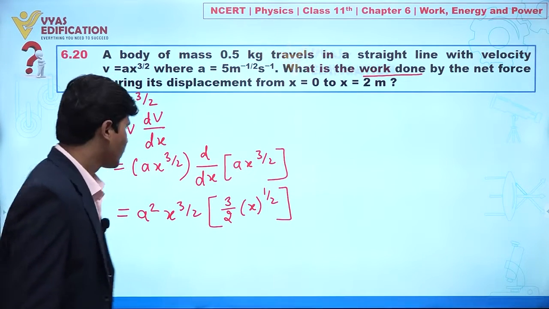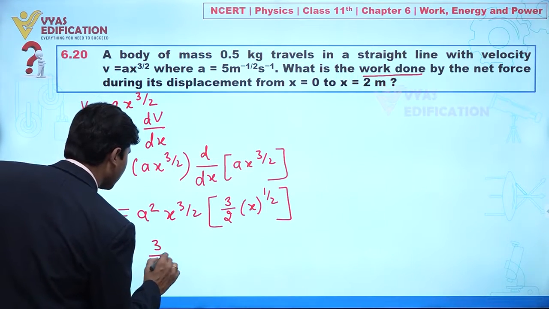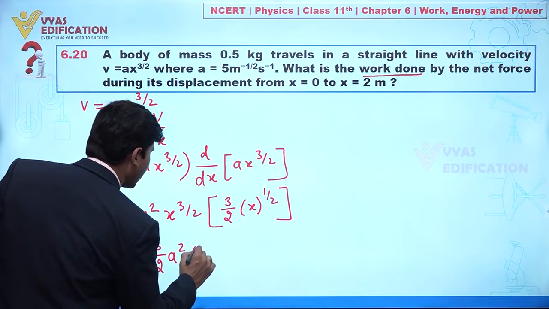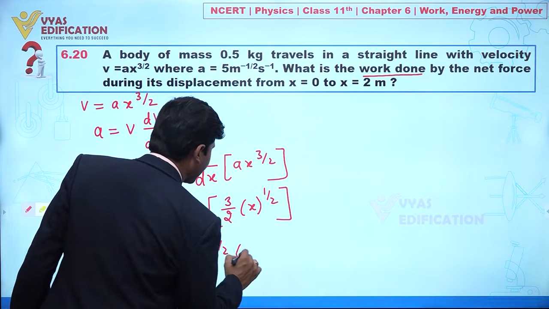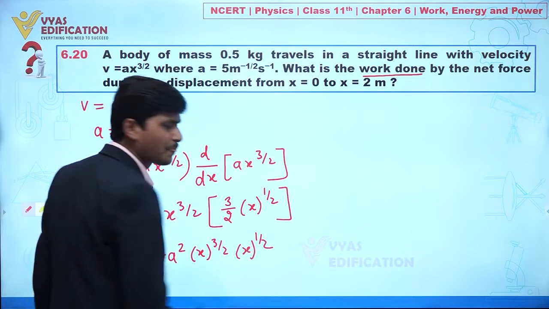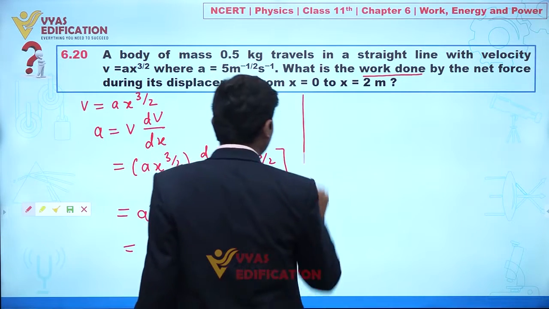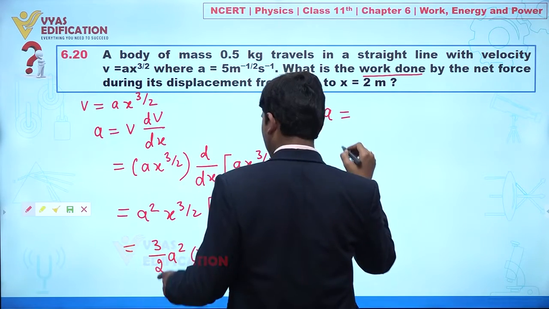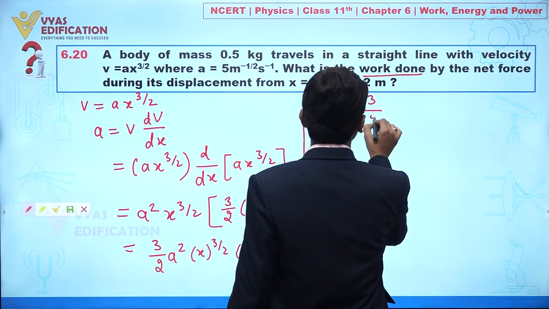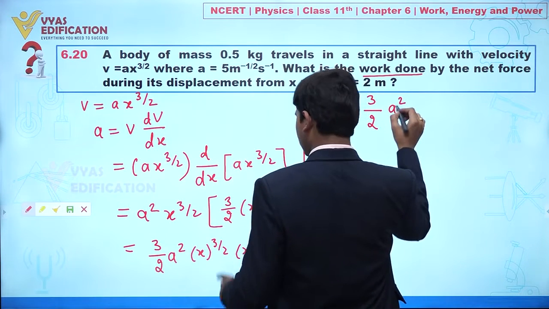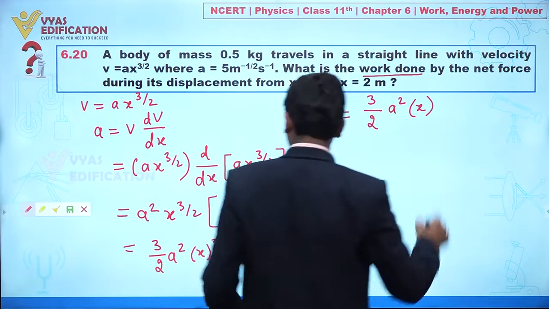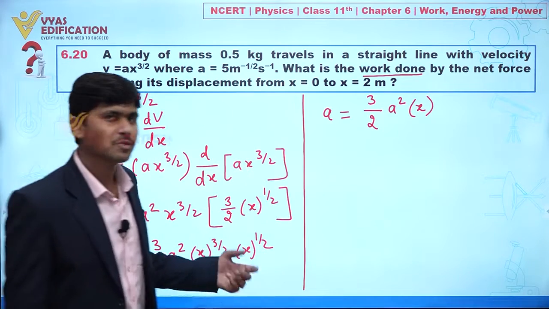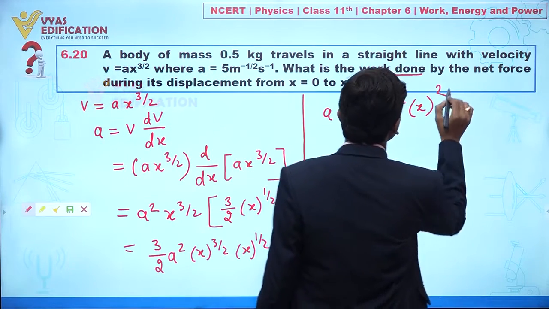So from here, 3 by 2 a square x to the power 3 by 2 and x to the power half. So acceleration is given by 3 by 2 a square, and x to the power 3 by 2 plus 1 by 2, which is 4 by 2, so x square.